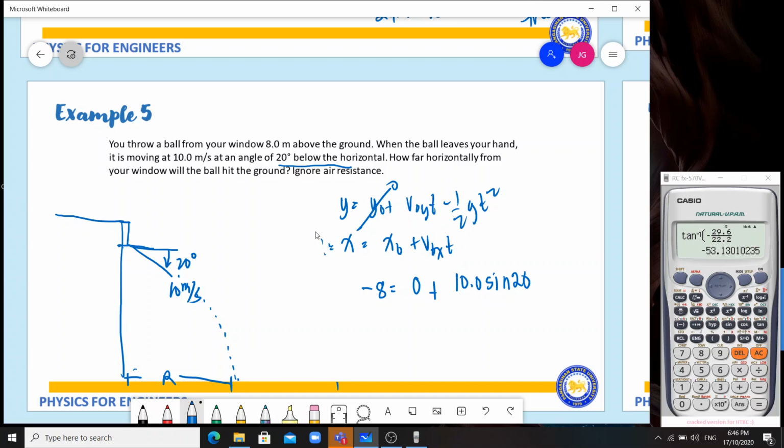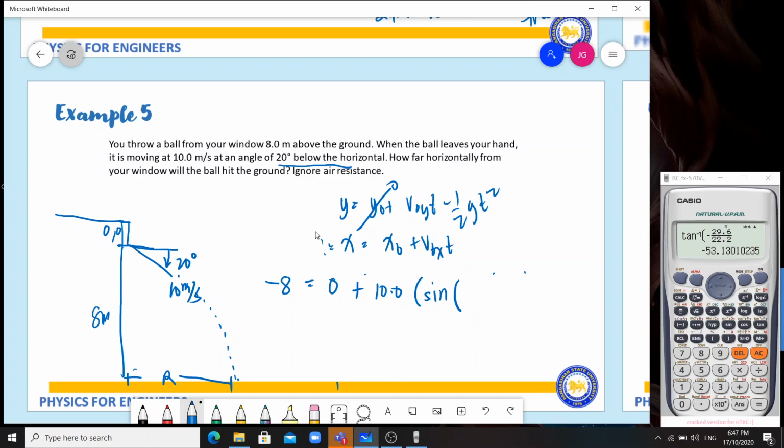So, pag i-compute natin siya, negative 8, kasi pababa, ito ay 8 meters. Ito yung datum, ito yung 0. Negative 8 is equals to 0 plus ang VO natin is 10.0 sine. Look at this guys.